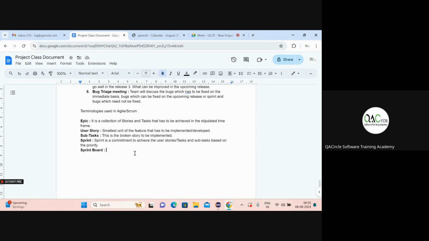Okay, so a sprint board is the board which consists of stories and tasks that are committed to be achieved in the current sprint.